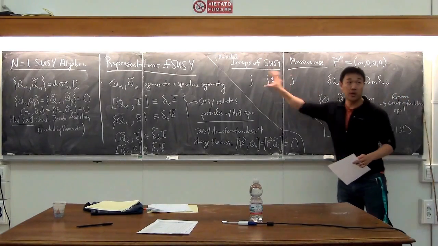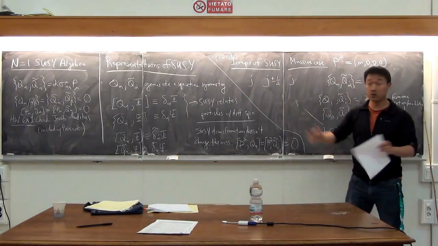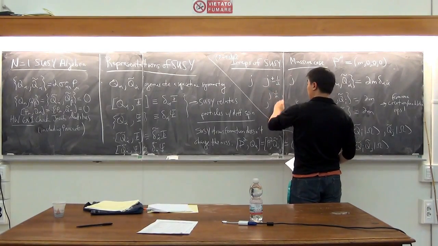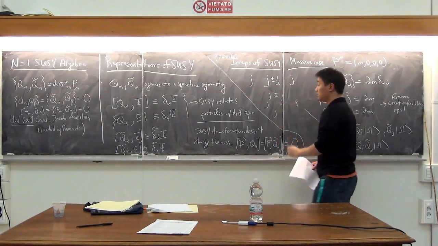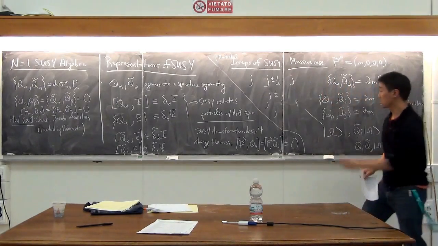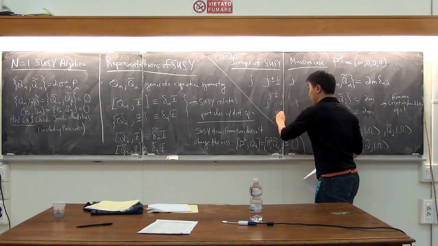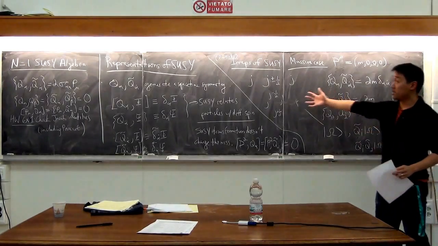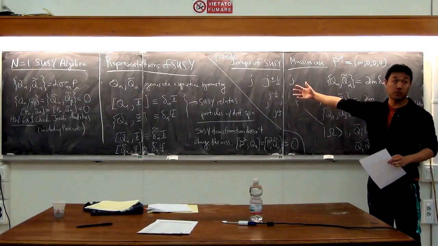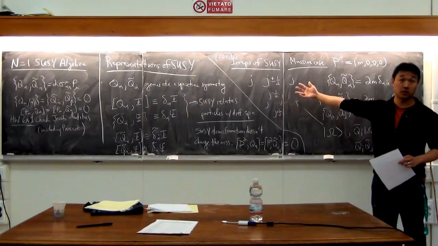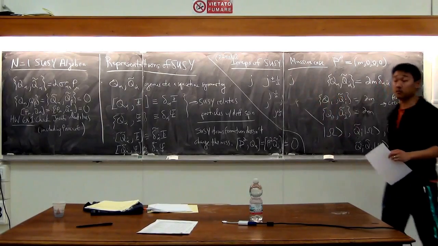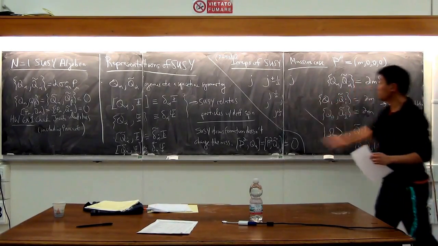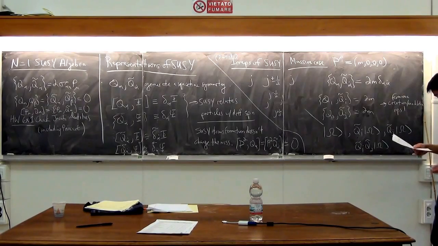So if I rearrange this from decreasing spin to increasing spin, I can make a diamond out of it. Looks like this. So this is a massive irreducible representation of SUSY, with the massive particle at rest.